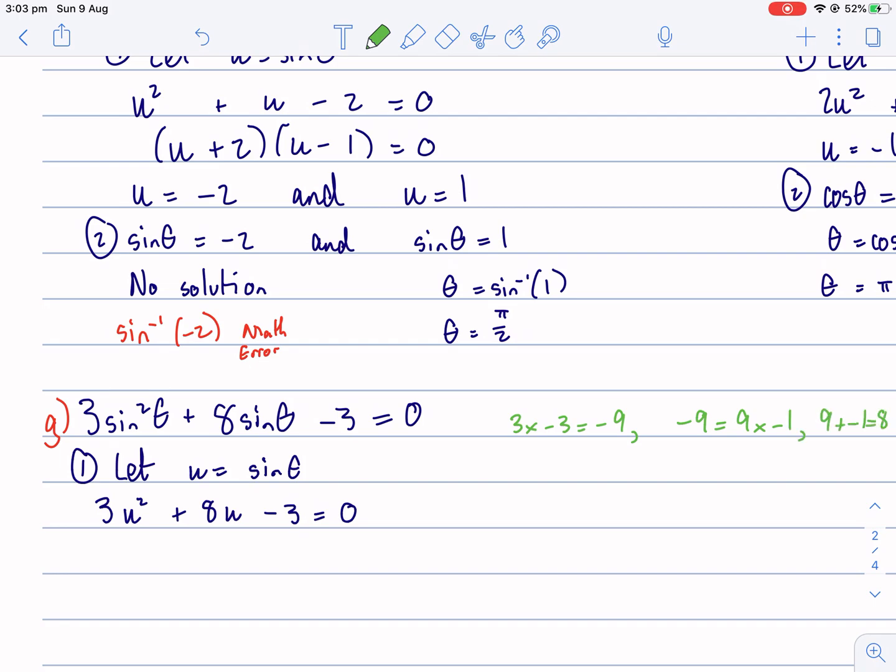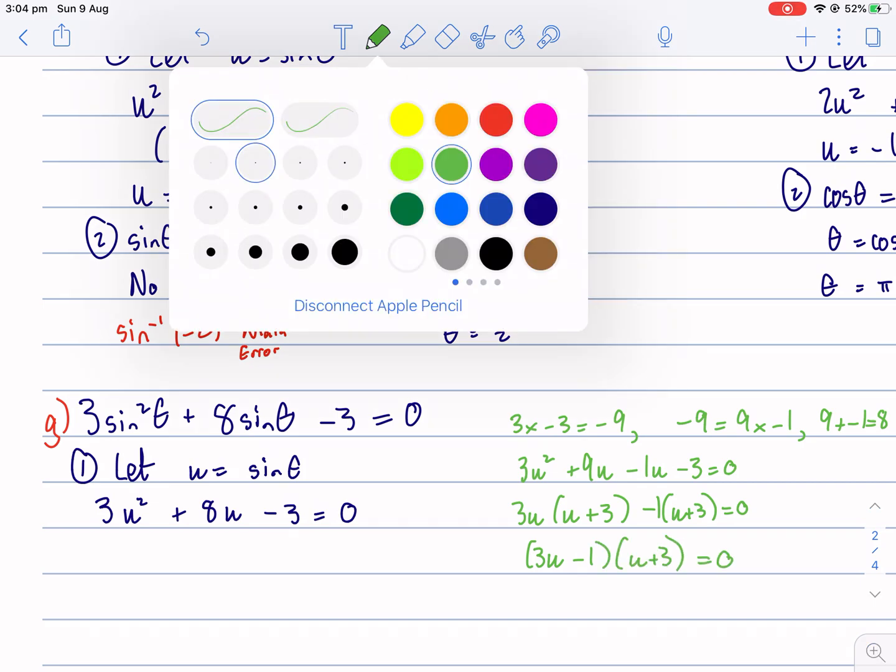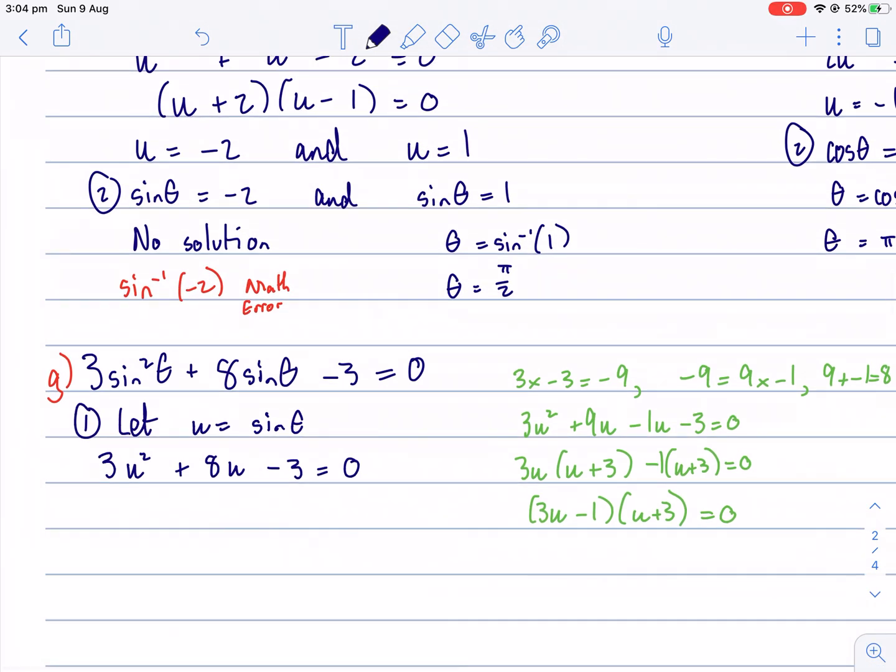Good. So I've got 3u squared plus 9u take 1u take 3 equals 0. So I've got 3u plus 3 take u plus 3 equals 0, and that's a 1 out the front of that one. So I've got 3u take 1, u plus 3 equals 0. So we've got u equals a third and u equals -3.